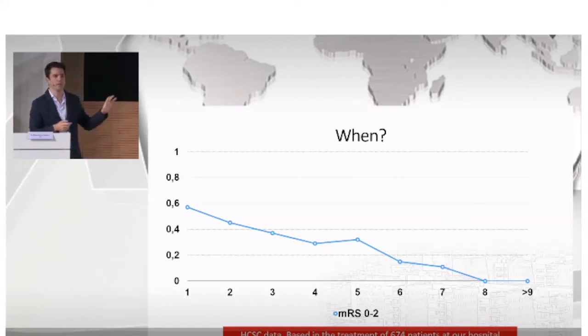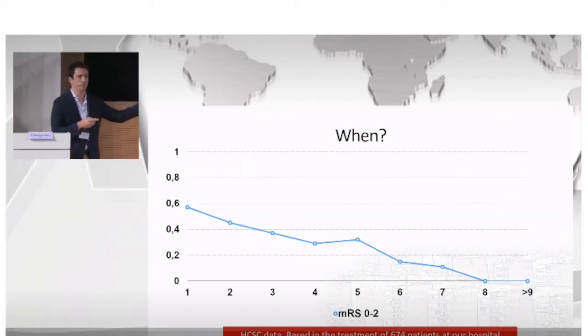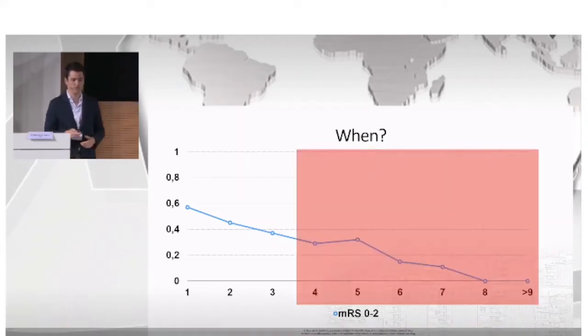We know that placing a stent should be in those 3 to 5 passes, because that's the result that we obtain. With a stent, we are talking about 40% of good clinical outcome. So it seems logical to place a stent in those positions and not wait for further passes, because that probability will become lower and lower with each pass.